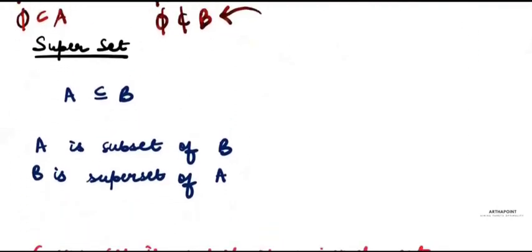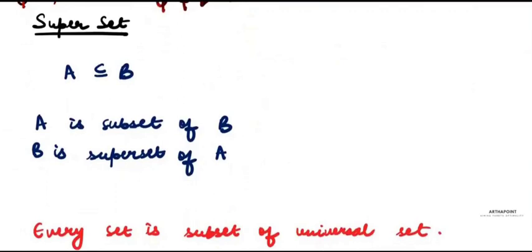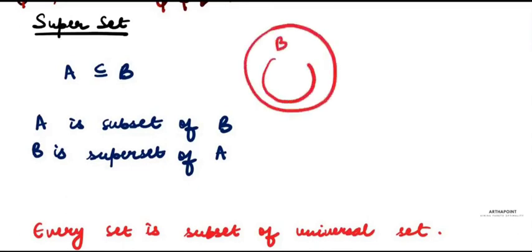Now, let's introduce something which is known as a superset. We understood that supposedly this is a large set B and this is a smaller set A. If all the elements of A are in B, then we say that A is a subset of B, right?